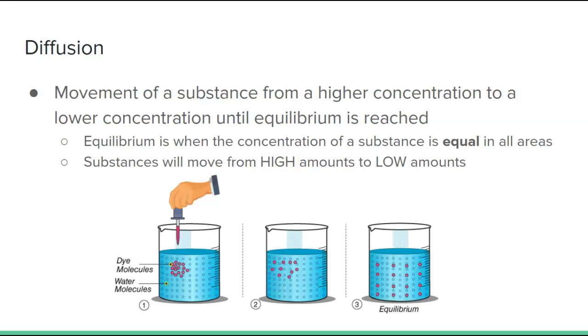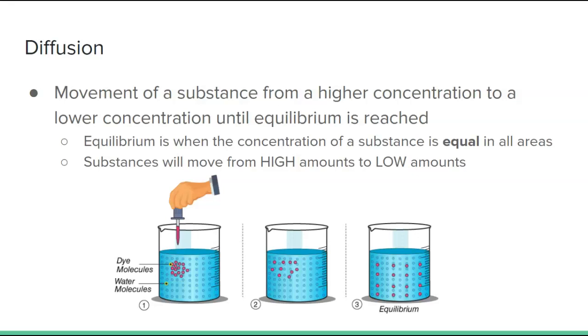Going back to my perfume example, this would be from the corner you sprayed in, that's your high concentration, to the opposite corner, that's your low concentration, and once that perfume moves equally throughout the entire room, you have reached equilibrium. Equilibrium is when the concentration is equal in all areas.